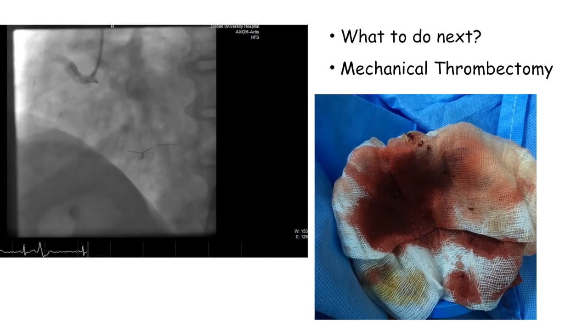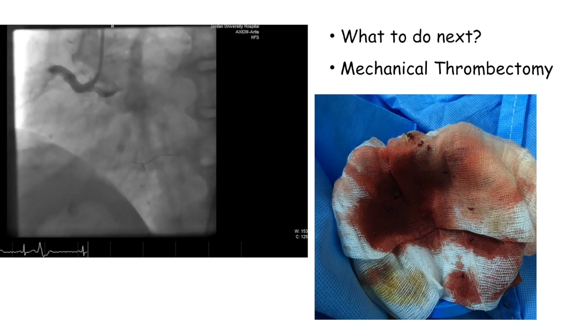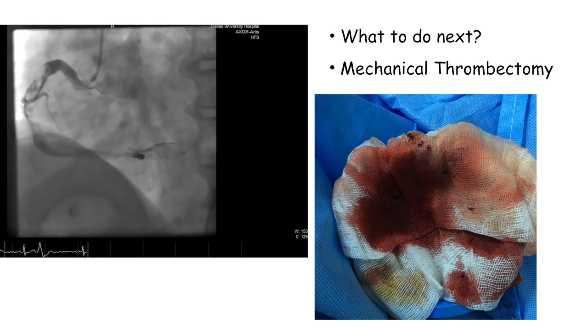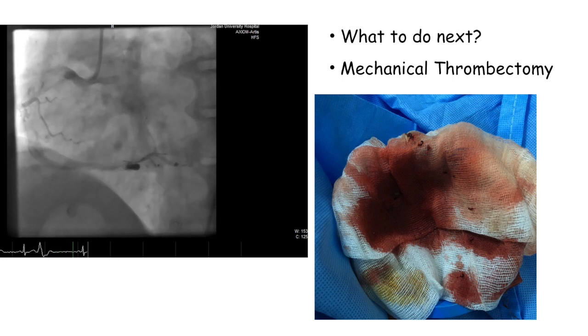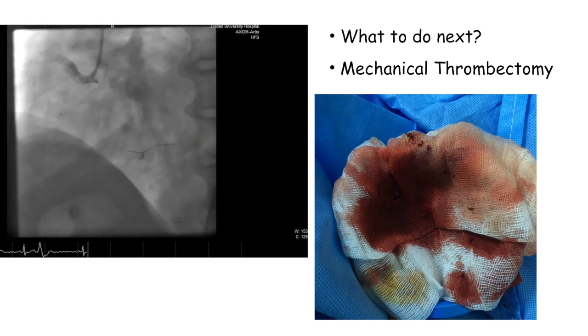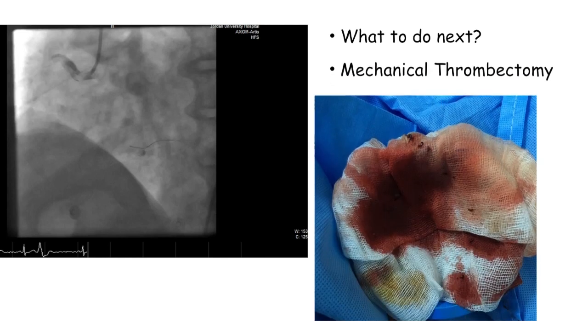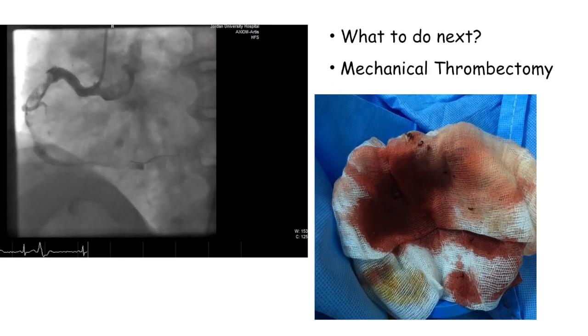So even putting a wire there should be very cautious. If I consider putting a wire there, definitely after the wire, I will go with an over-the-wire balloon or aspiration catheter, and I'll inject the tirofiban or the antiplatelets or the heparin downstairs after the clot, distal in the vessel. But you need the medicine to work upstream also, right?